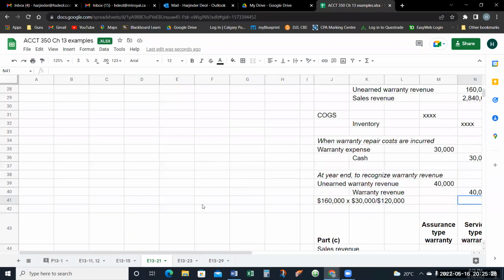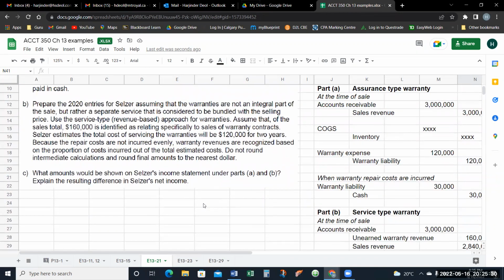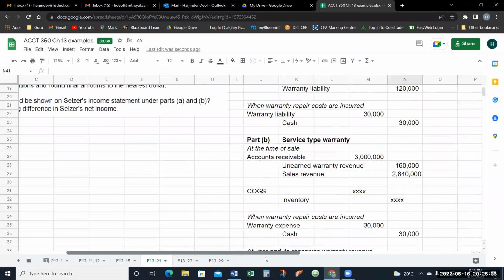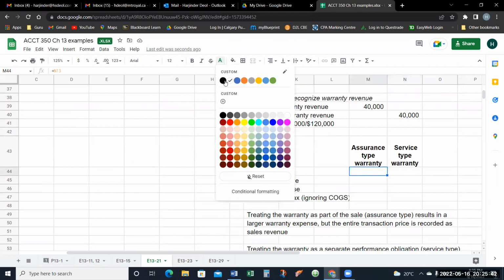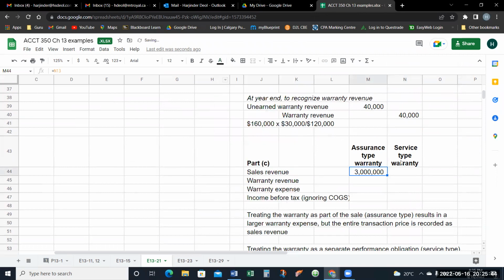Okay, and then part C, what amounts would be shown on the company's income statement under the 2 parts A and B? So if we take a look at what's shown on the income statement, for the assurance type warranty, we have sales revenue of $3 million. We compare that to the service type warranty, where it's only $2,840,000.